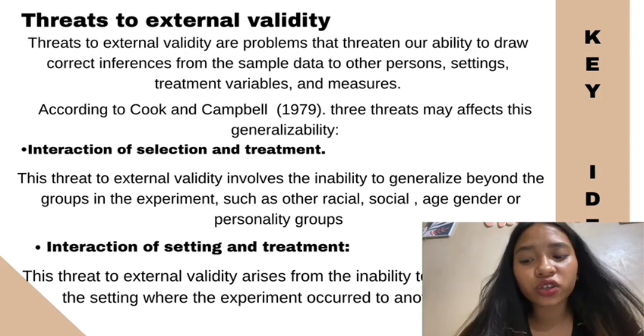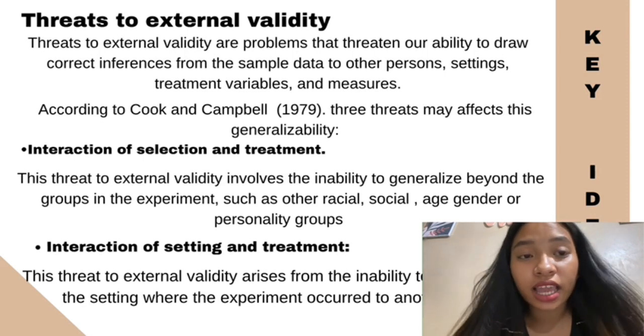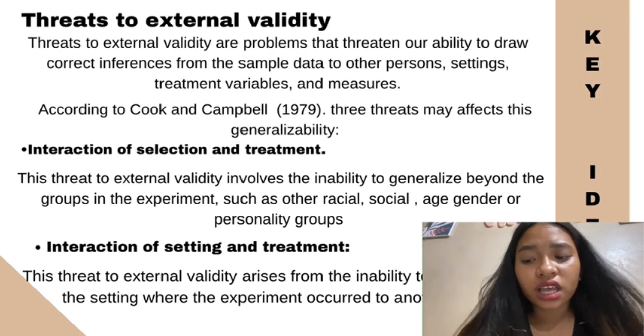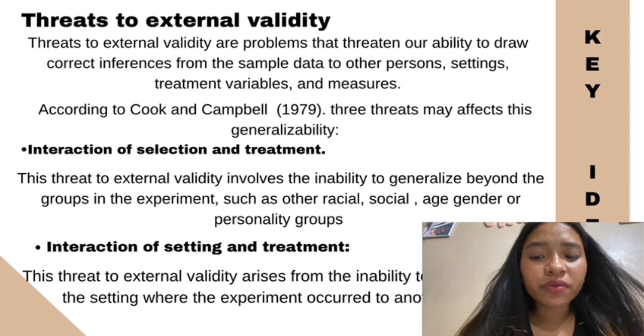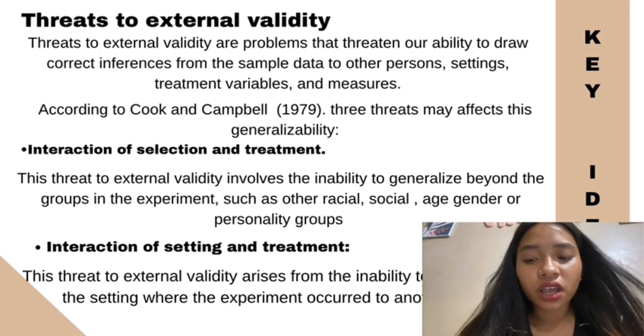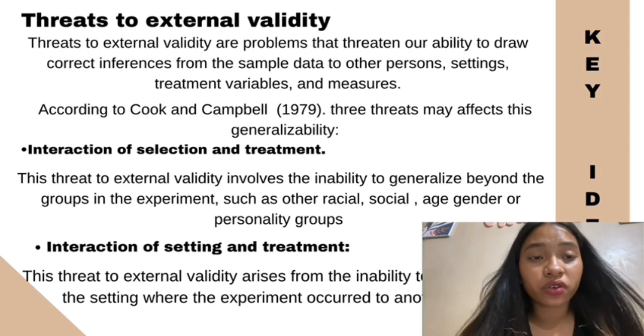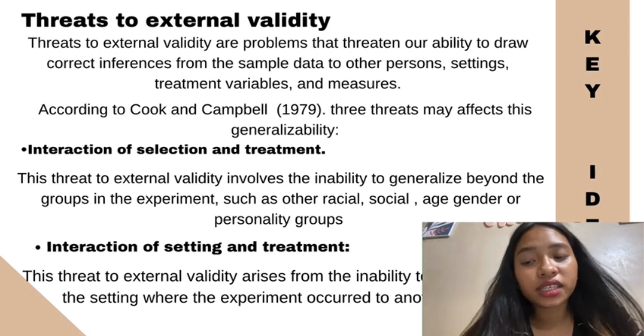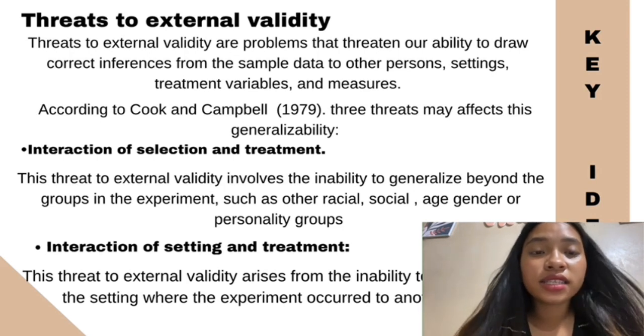Next is the interaction of setting and treatments. This threat to external validity arises from the inability to generalize from the setting where the experiment occurred to another setting. So this threat develops when they are generalizing the settings. So lastly is the interaction of history and treatment.